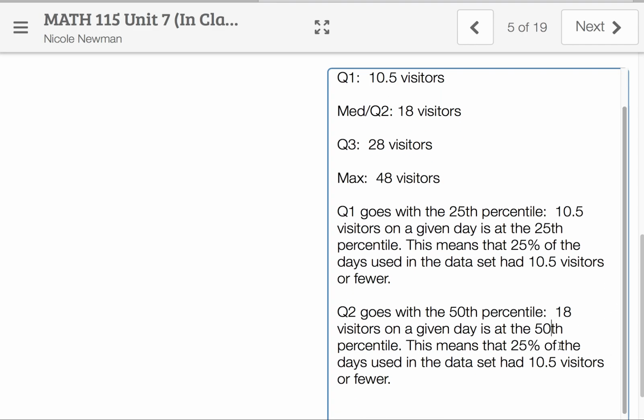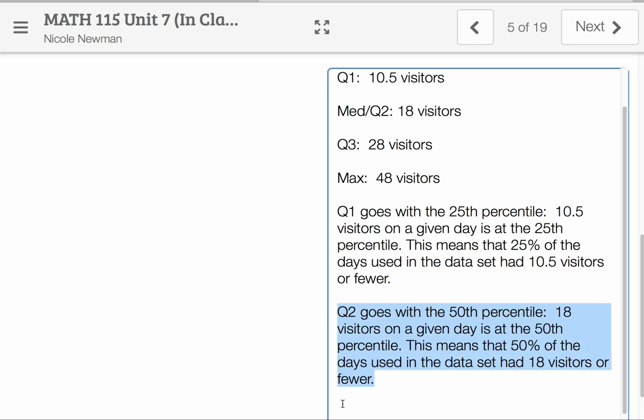This means that 50% of the days used in the data set had 18 visitors or fewer. The median chops our data sets in half, above and below. And then statisticians will argue about how many are exactly at the median. We're not going to do the arguing.